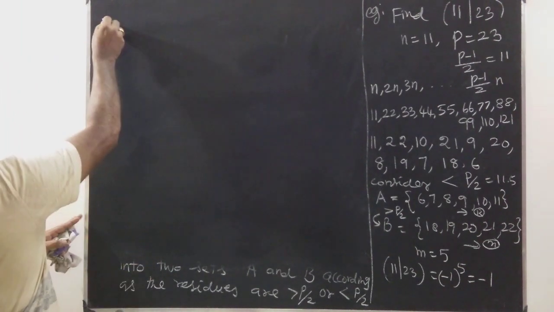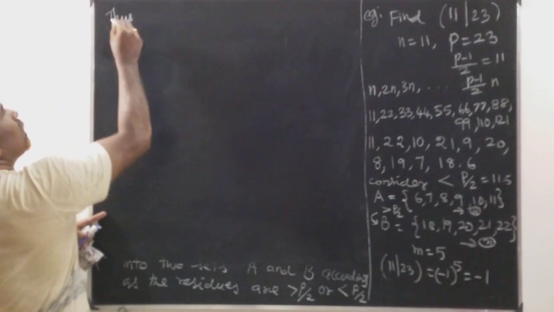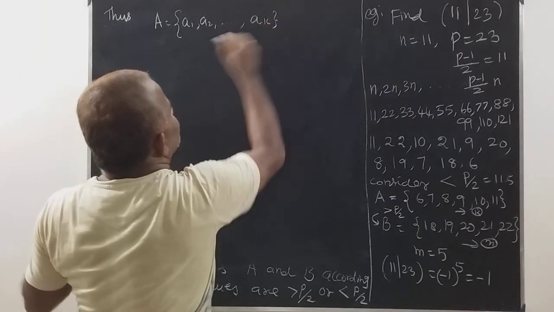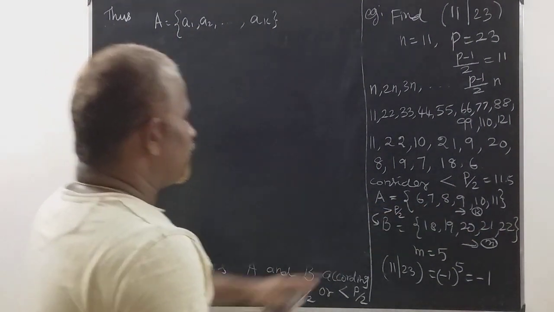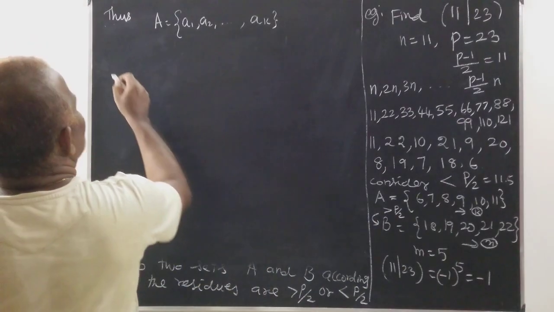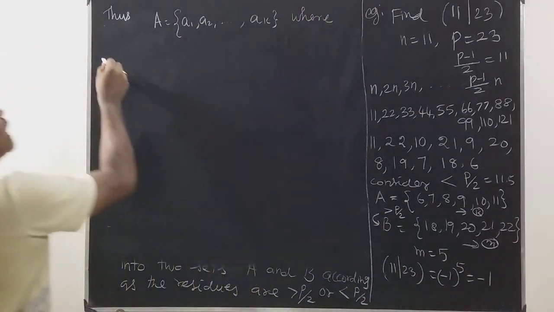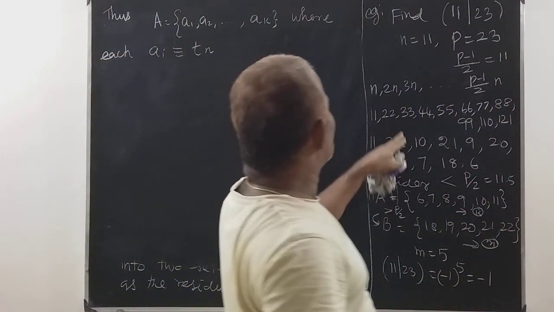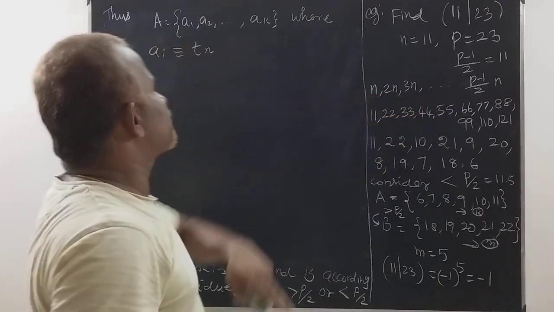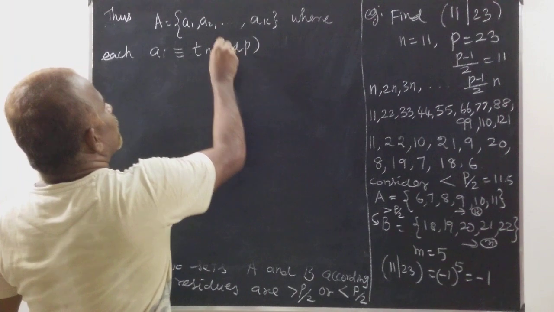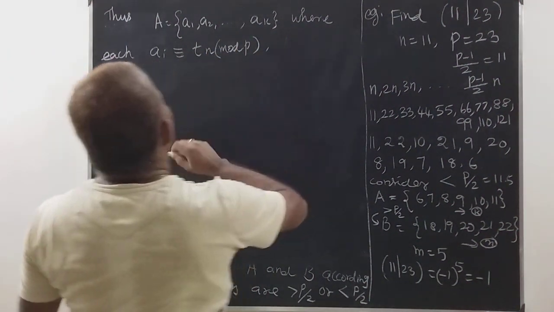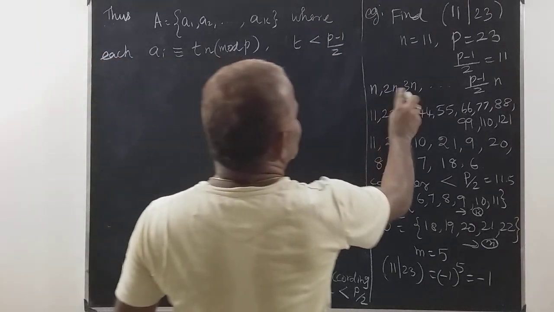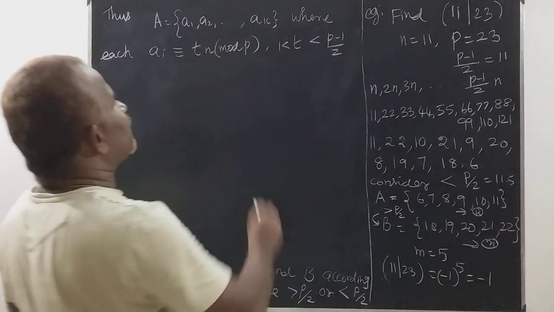So let us take A. Thus A is equal to A1, A2, up to Ak, where each Ai is congruent to some Tn mod p, and these T are less than p minus 1 by 2 and greater than 1.